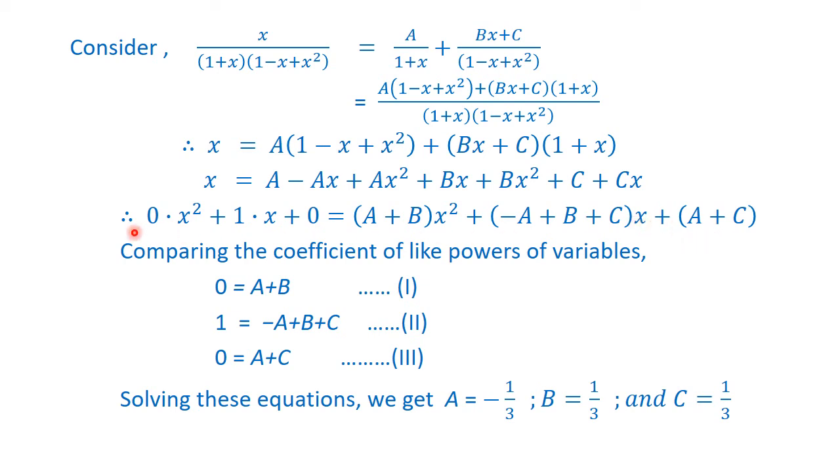And the LHS also can be expressed as 0 into x square plus 1 into x plus 0, because in the LHS we do not have a term of x square and we do not have a constant term. So the coefficient of x square should be 0 and the constant term should be 0.